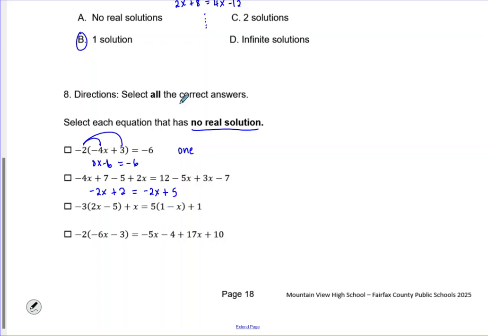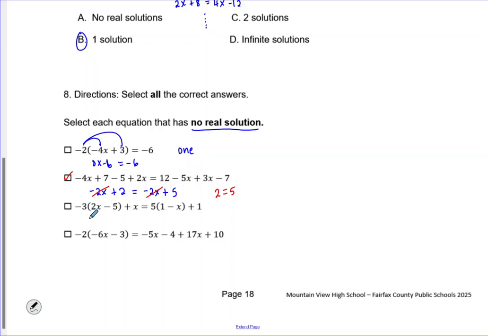Alright, look what I have here. The 2x's cross out, so I'll end up having 2 equals 5, which is a no solution. You cannot have two different numbers on either side of the equal sign. Okay, so that's my answer, but we can keep checking this.